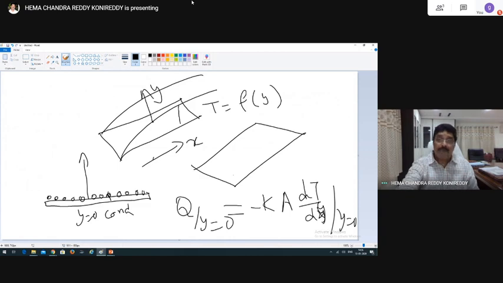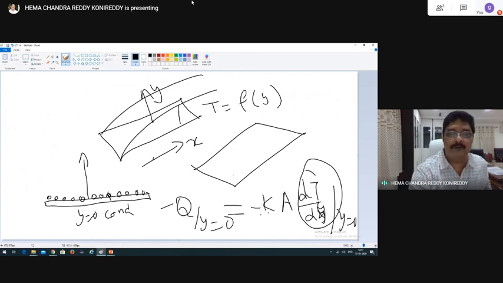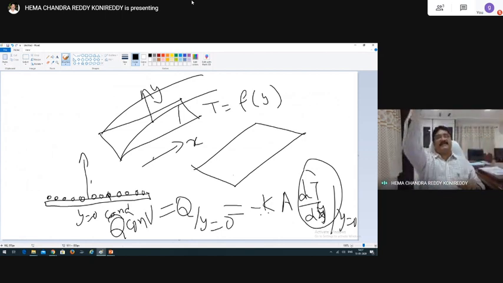Now, if you can calculate dT by dy and substitute y is equal to 0 in that, you get the value of dT by dy. If you know the thermal conductivity of the fluid, then you can calculate Q. And the same Q should be equal to Q convection, where from the second layer onwards, the same heat is communicated by convection heat transfer.